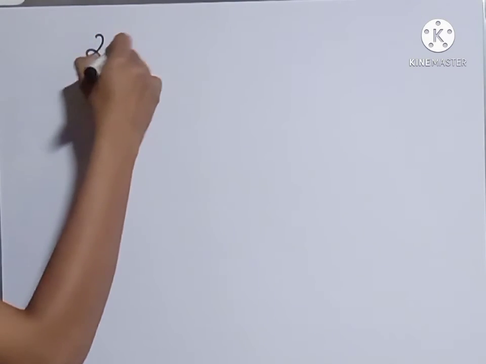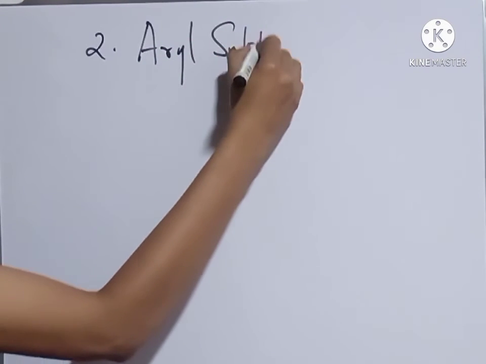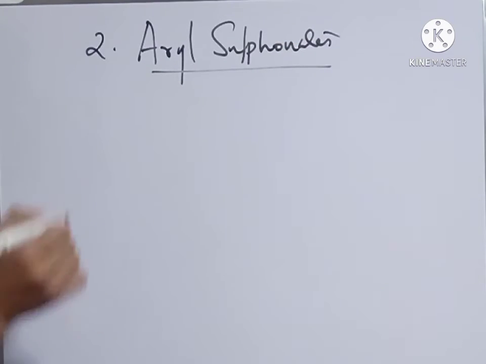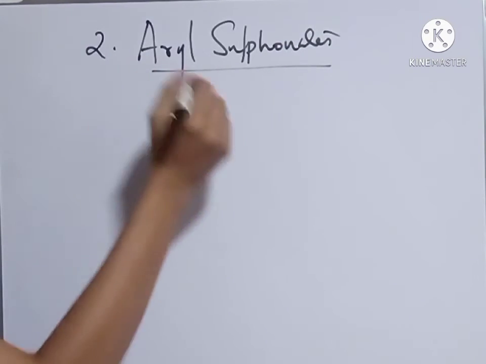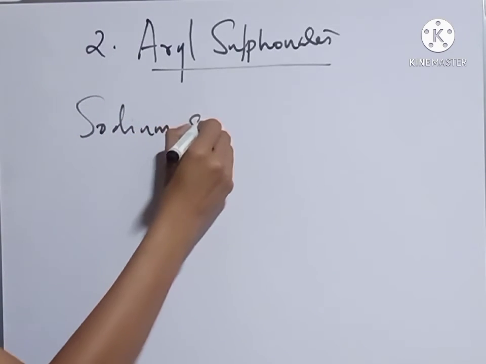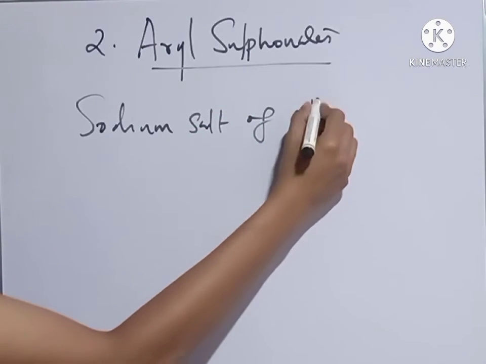Then the next one is aryl sulfonates. These are the sodium salt of alkyl benzene sulfonates.